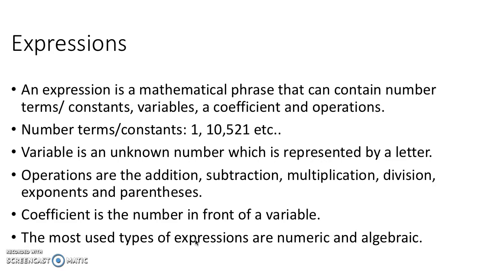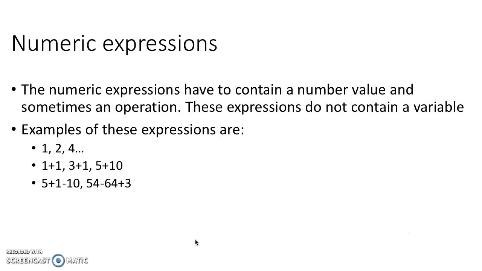The most used types of expressions are numeric and algebraic, especially at this level of pre-algebra. Numeric expressions can contain a number value and sometimes an operation. These expressions do not contain a variable. These are numeric expressions, meaning they're all numbers.